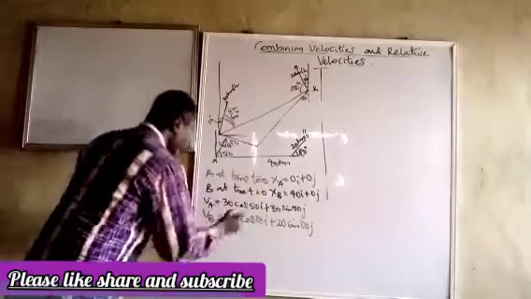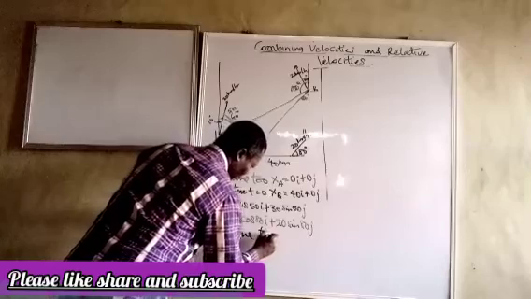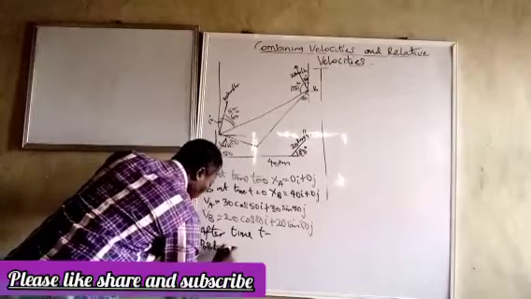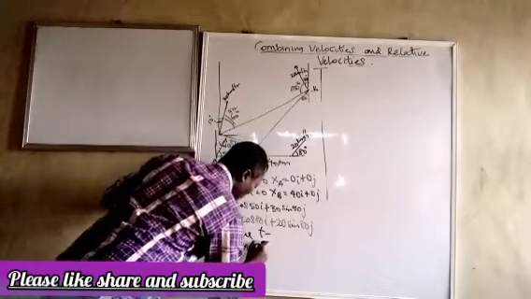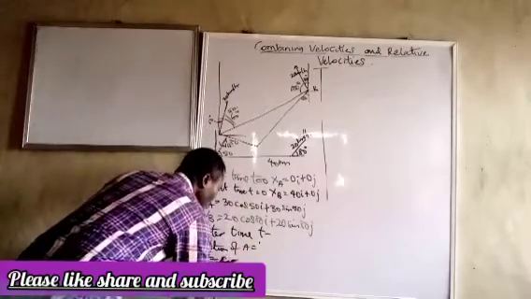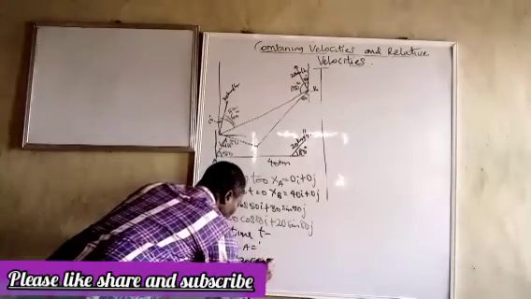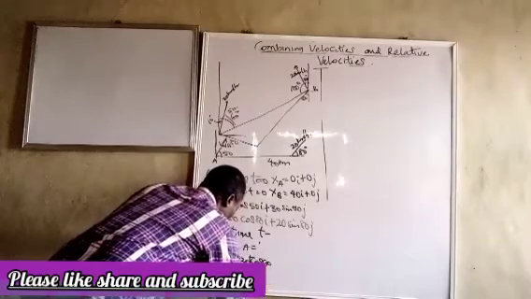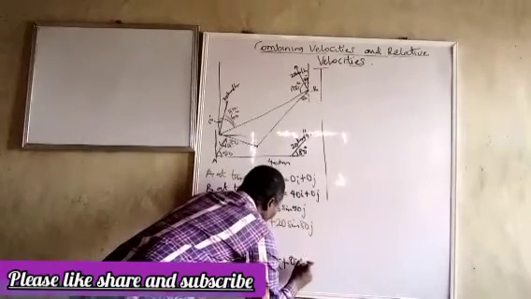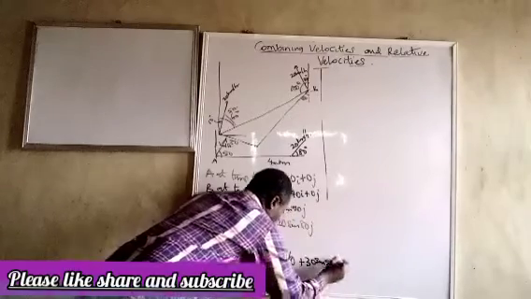So after a certain time, let's say time t, position of A, let's say PA, will be equal to 0i plus 30t cos 50 (let's put those in brackets) plus 0j plus 30t sine 50 j.